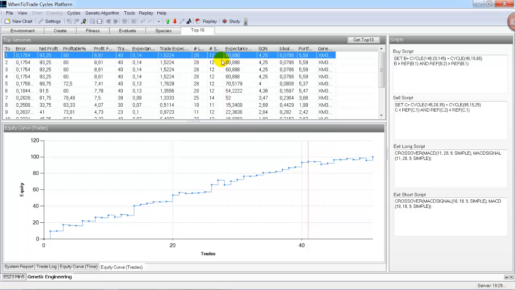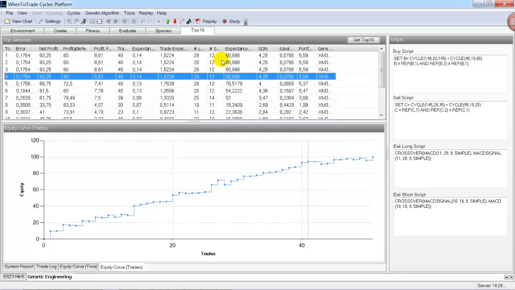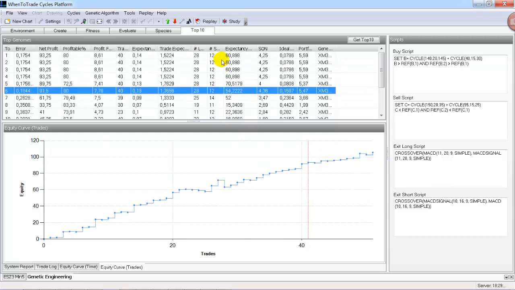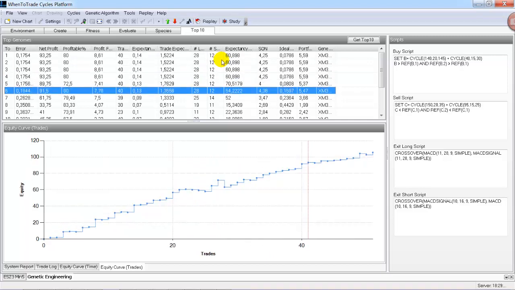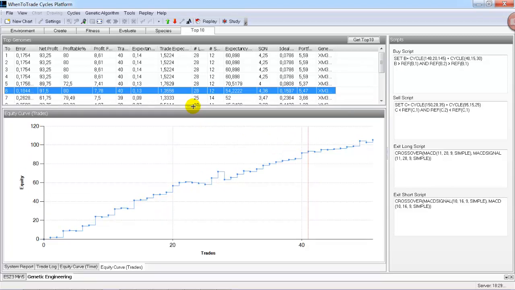So let's browse the systems here. You can see that the equity curve is adapting itself. You see that the top 5 are quite stable in this case. And this one here, I mean, you won't find any better trading curve. Here you can see the power of how you design the fitness function.